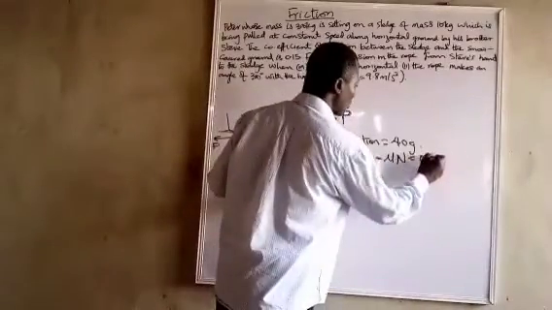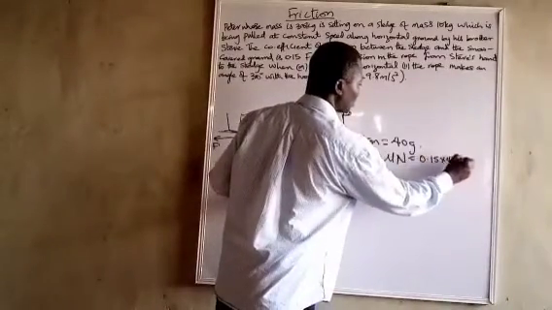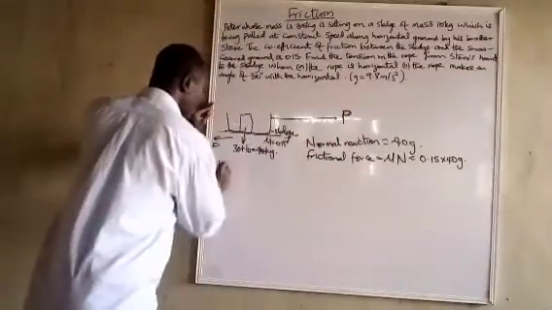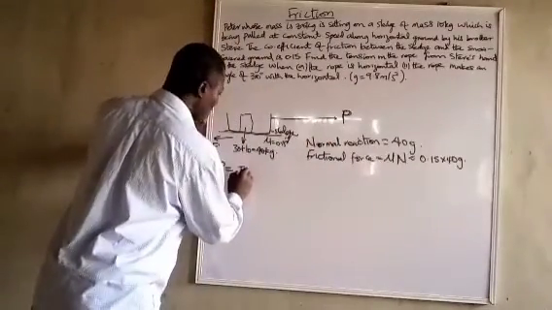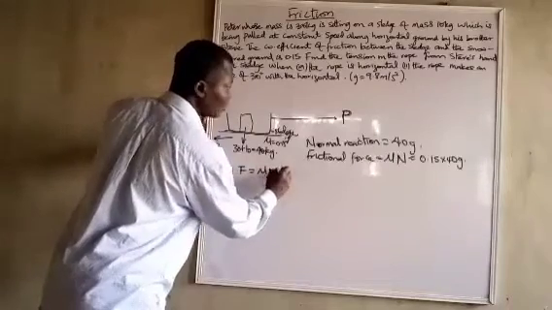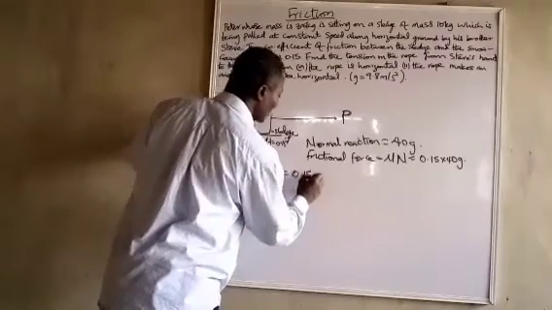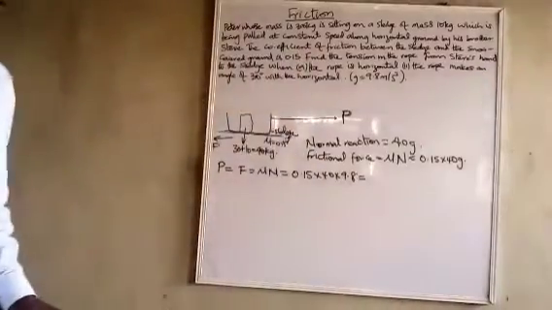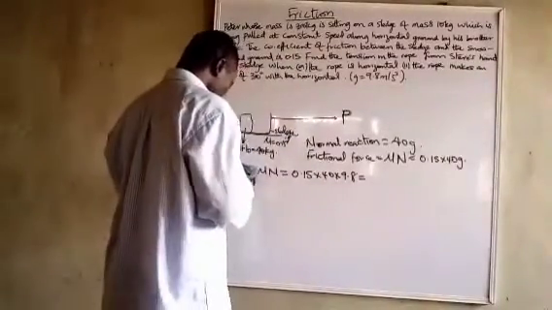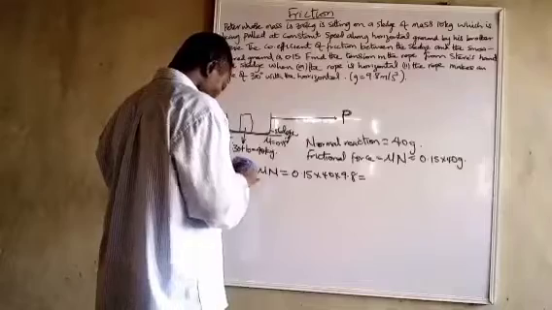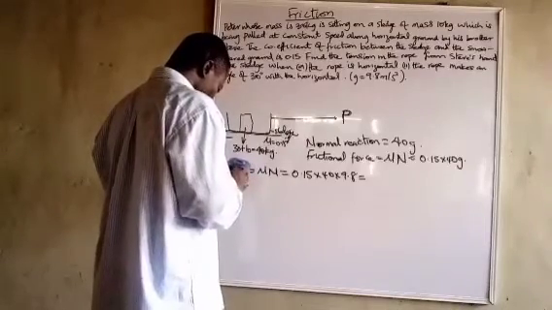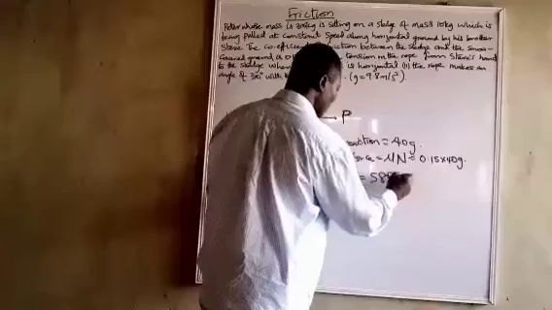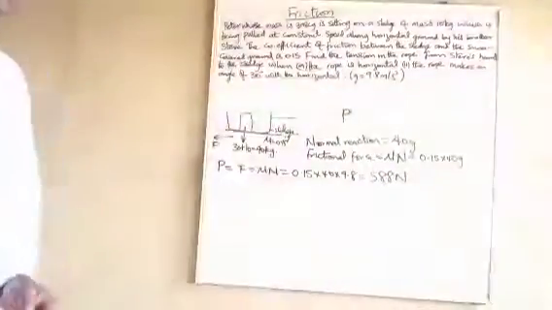We have it to be 0.15 times 40 G, and G is 9.8. So P is equal to F, which is mu N, which is 0.15 times 40 times 9.8, and that gives 588 Newton.